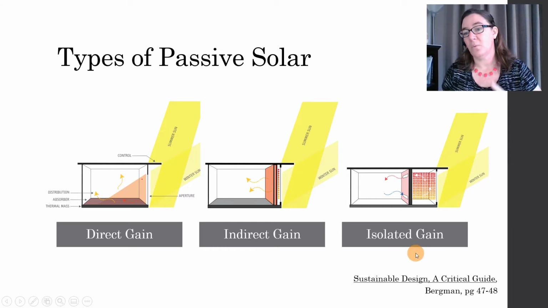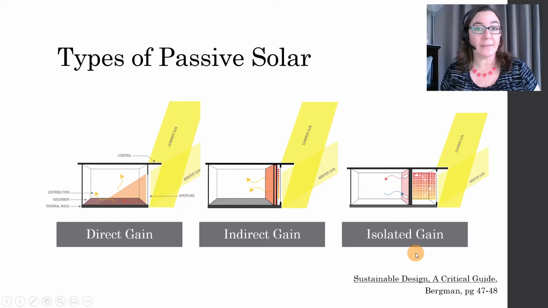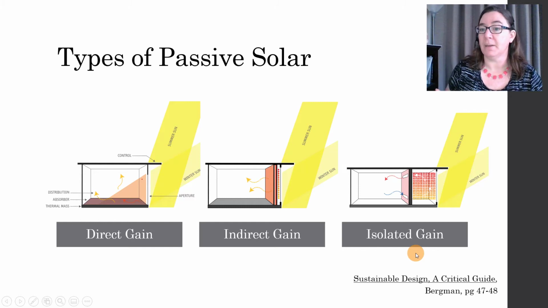On the right, we have our last category of passive solar design, and that's called isolated gain. In this design, the space that is heating up and providing the heat to your main living space is separate or isolated from your main living space. The most common way to do this is to build a sun space, and that's what we're showing here.